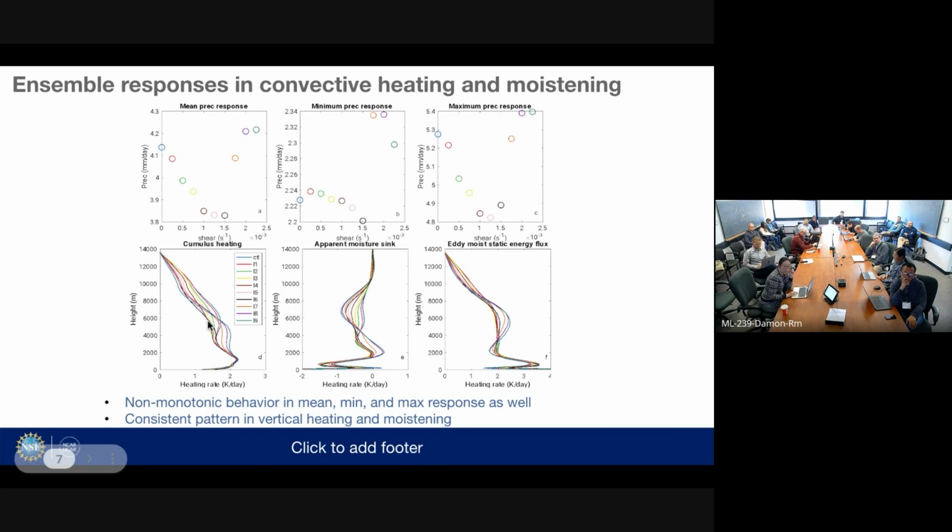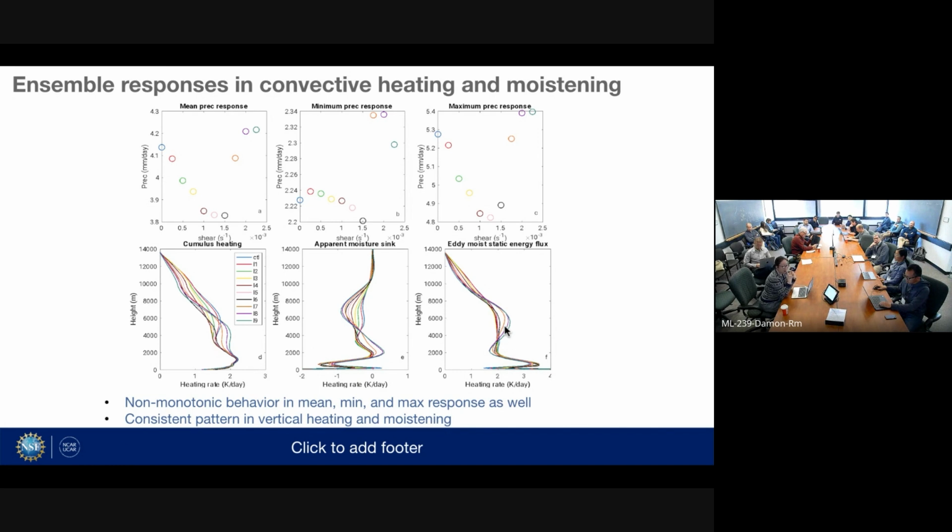So if we look at this cumulus heating curve, after L6, the peak cumulus heating shifts down from 6 kilometer to 4 kilometer. And between 2 to 4 kilometer, the apparent moisture sink becomes more positive after the L6 case. And between 3 kilometer to 8 kilometer, the eddy moist static energy also increases.